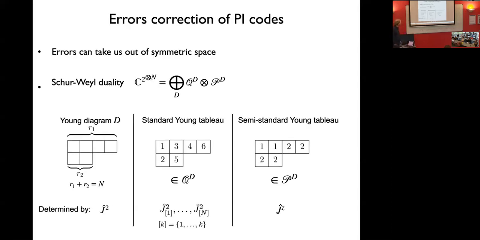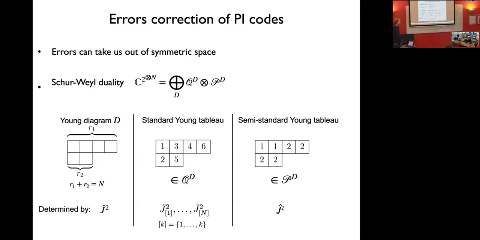Okay, so the actual process of error correction with these codes is still, I would say, early, but I'll just show you some work that Yingkai and I have been doing. So, errors can take you outside the symmetric space.